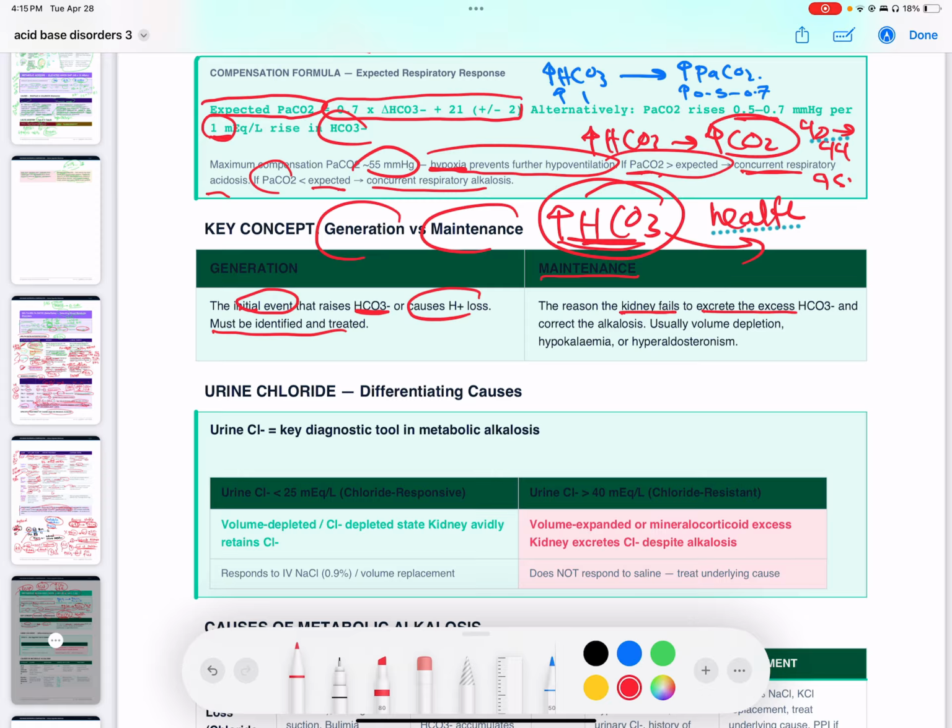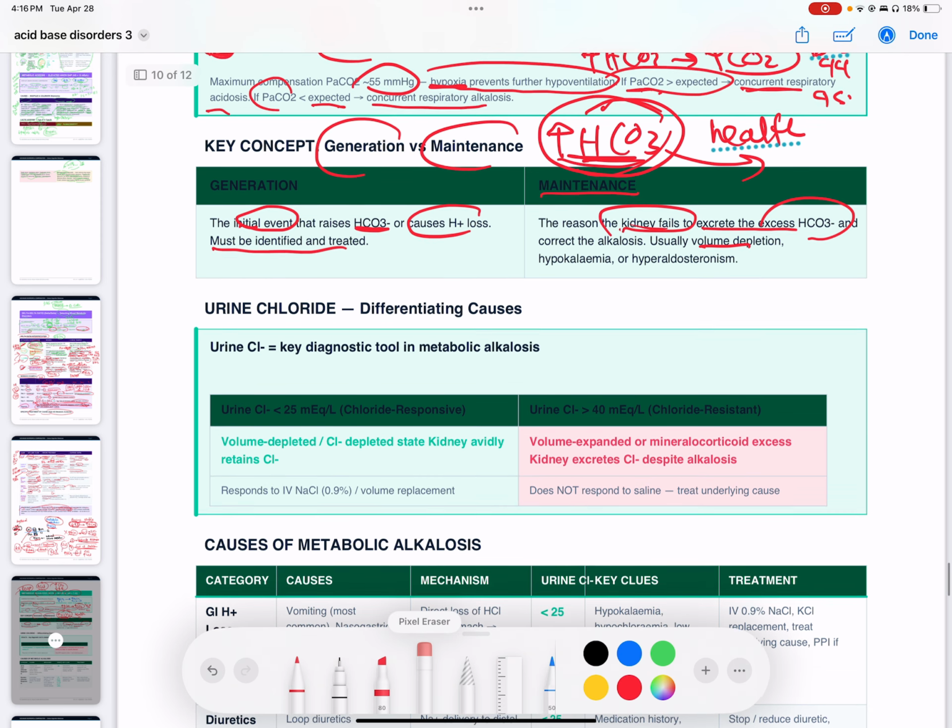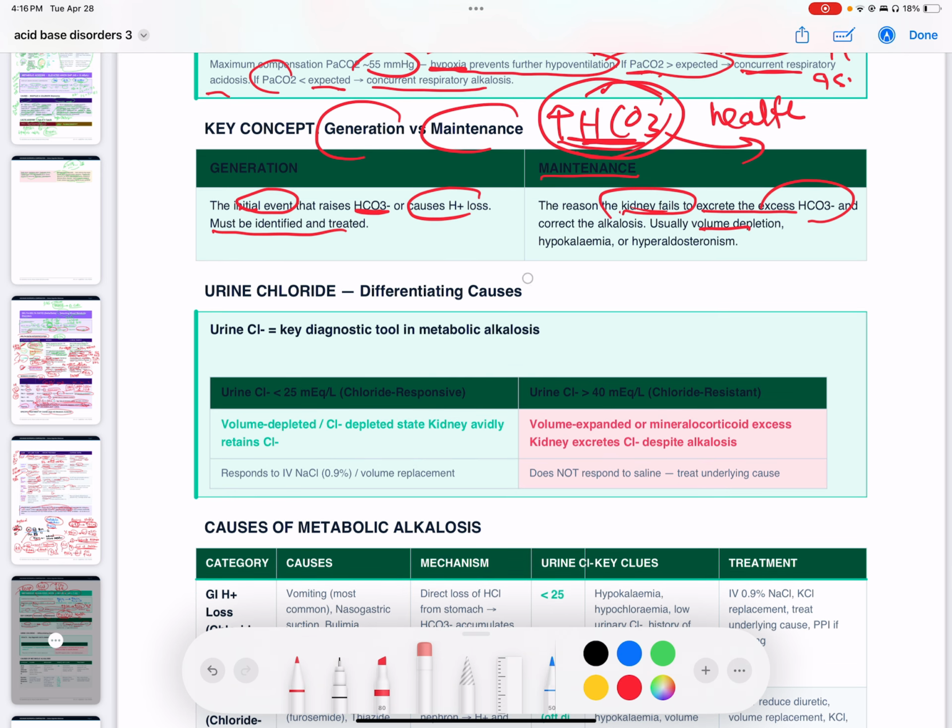So if you have a maintained metabolic alkalosis, that sometimes can mean you have a kidney problem, and this can usually be volume depletion, like pre-renal AKI, or hypokalemia or hyperaldosteronism. And again, the urine chloride is very important to differentiate if it's chloride responsive or not chloride responsive.